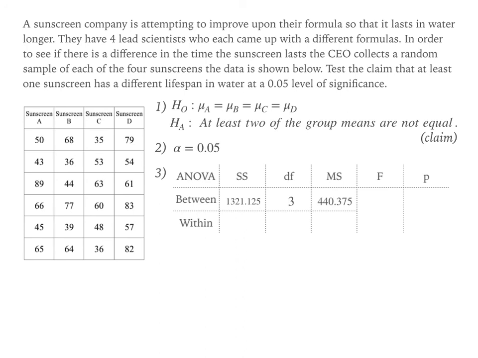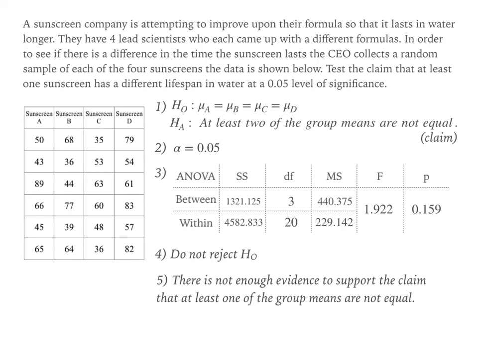And then it uses error, where we use within. Now we are able to make the decision. Our decision is do not reject the null hypothesis. There is not enough evidence to support the claim that at least one of the group means are not equal.